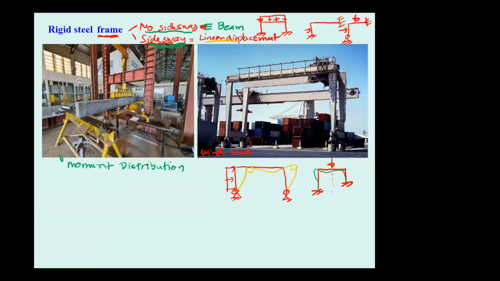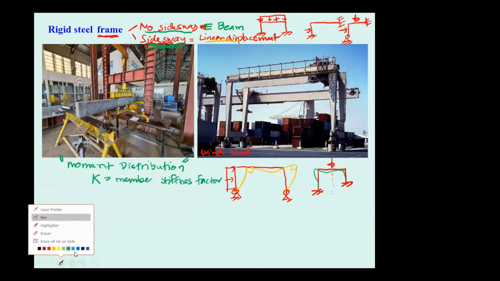When the method of moment distribution was developed, it started by considering the member stiffness factor. There are two member stiffness factors in our consideration, which come from the slope deflection equation.